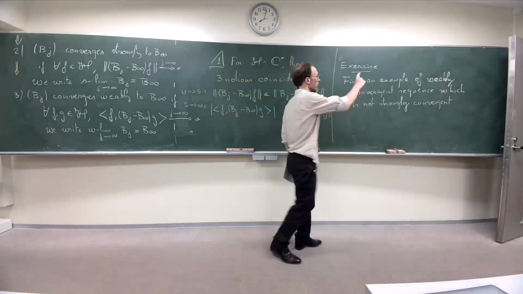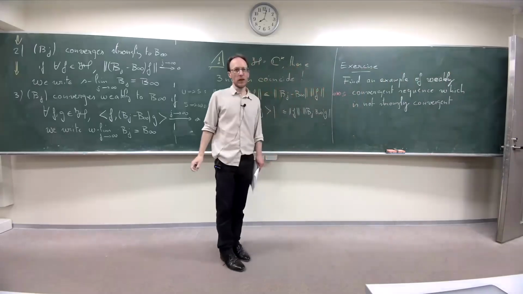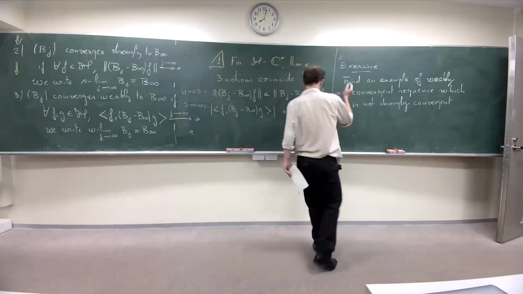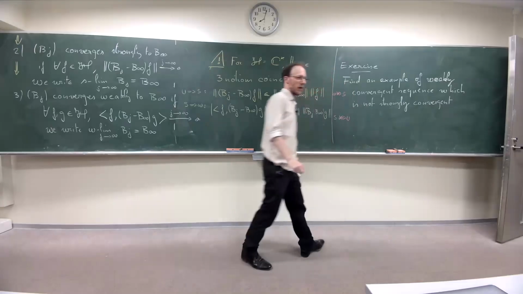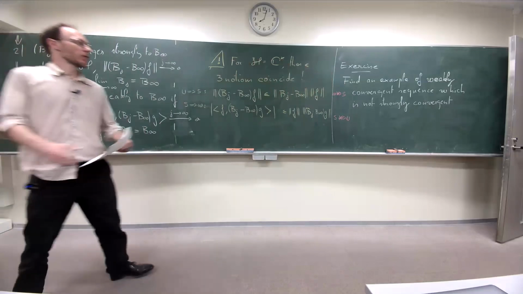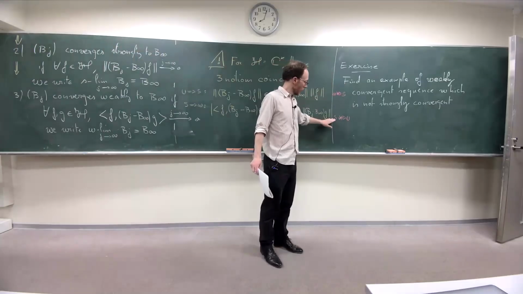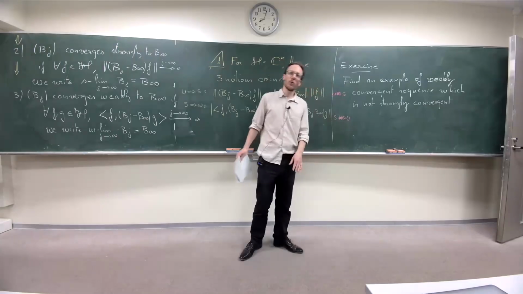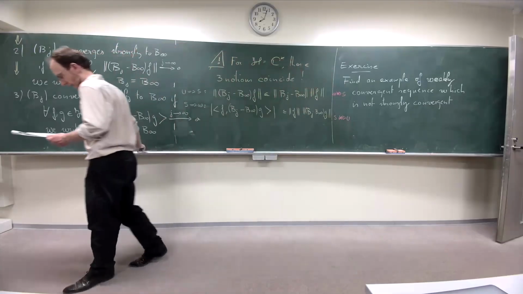So it means if you find an example like this, you show that weak doesn't imply strong. But you can also find one where strong doesn't imply uniform. So if you find an example of a sequence which converges weakly but not strongly, or a strongly convergent sequence, but which is not uniformly convergent, then you have shown that these three notions are different. Okay.